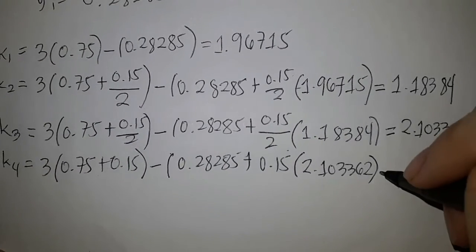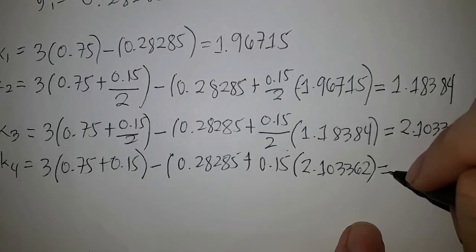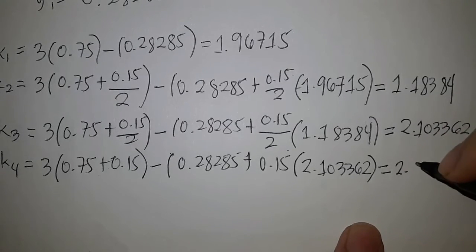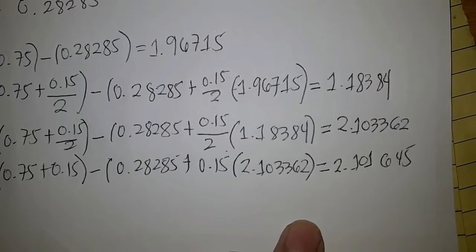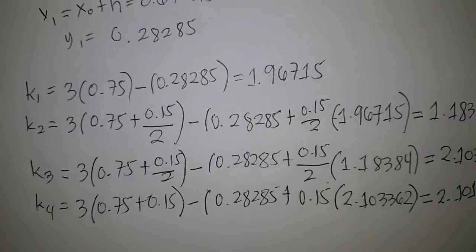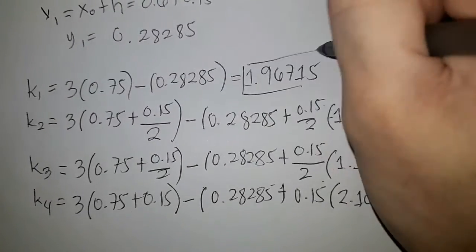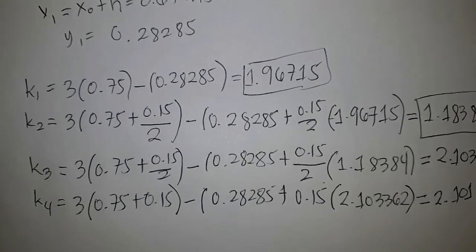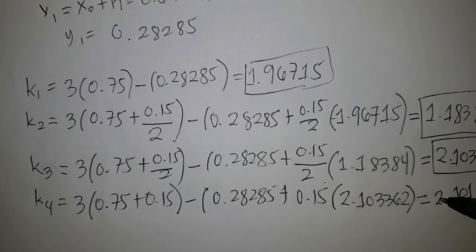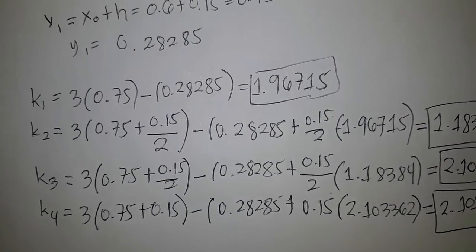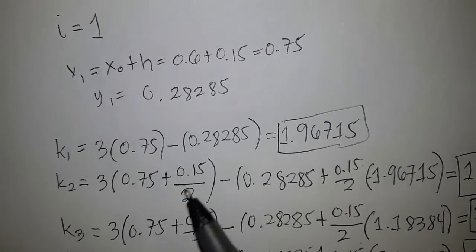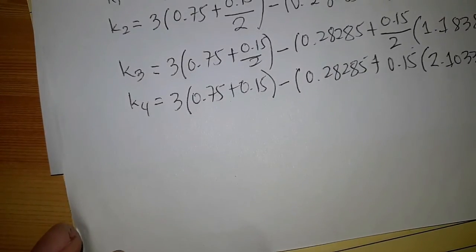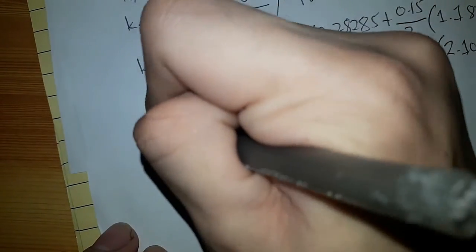So for k4, it is equal to 2.101645. So we are now able to obtain the values of k1, k2, k3, and k4 at x equal to 0.75 and y equal to 0.28285.